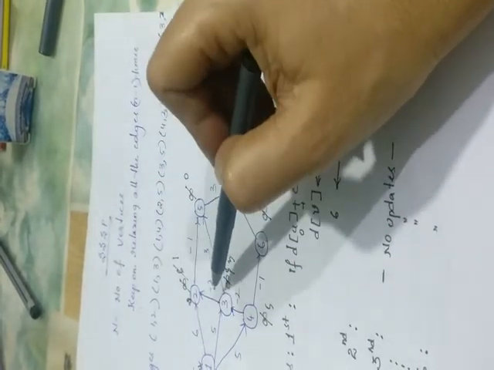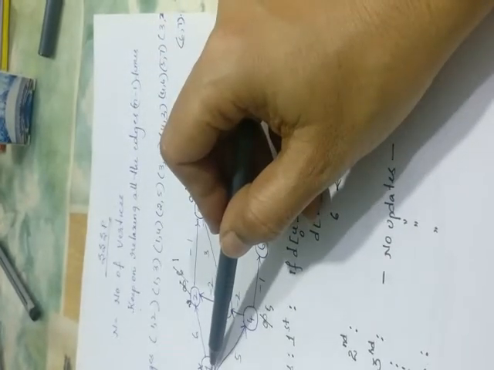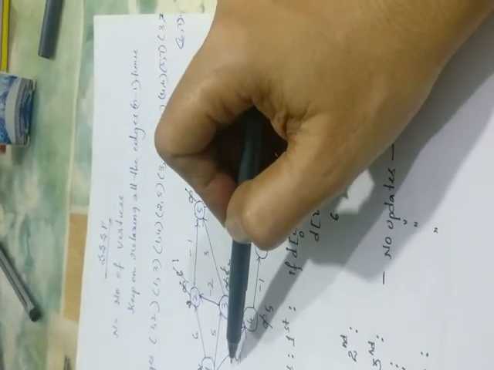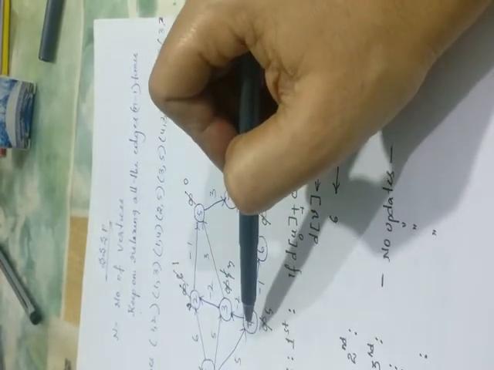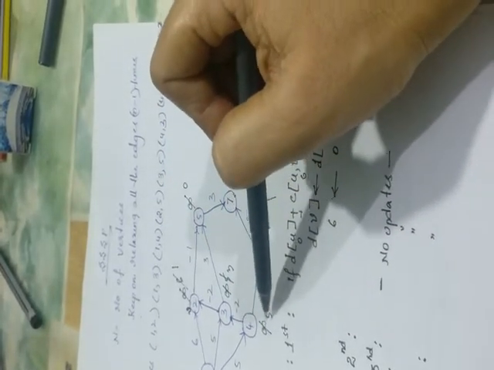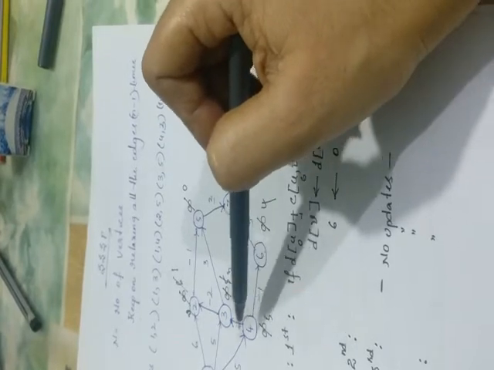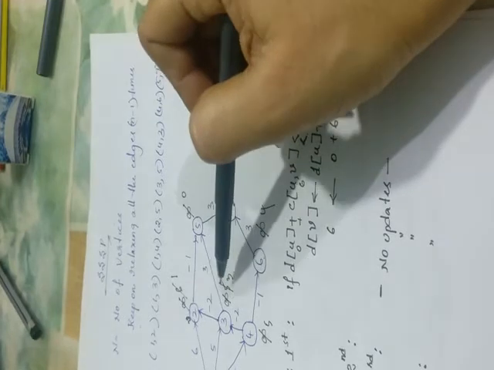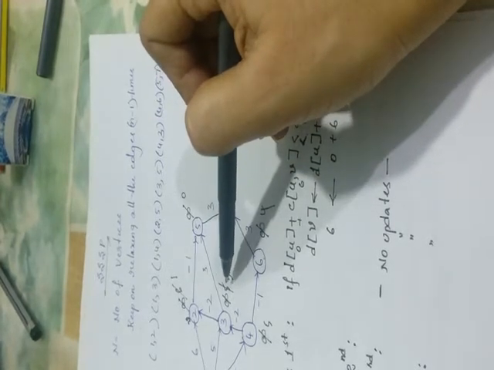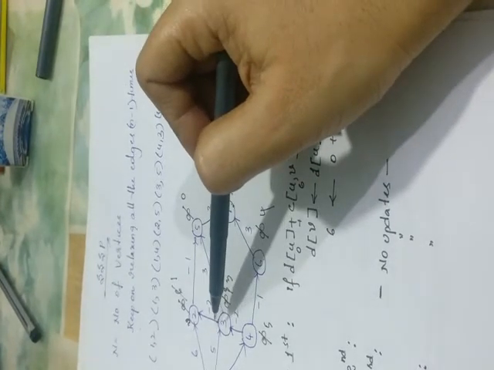No, so I am not going to update. 1 to 4: 0 plus 5 is 5. Is 5 less than 5? No, so it remains the same. Next 4 to 3: 5 minus 2 is 3, which we have already done, so it is not going to change.